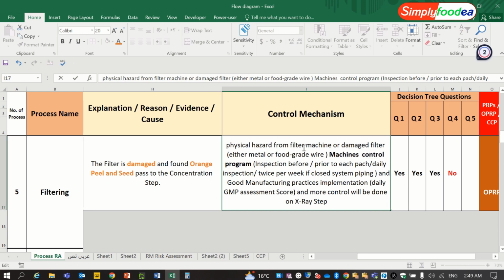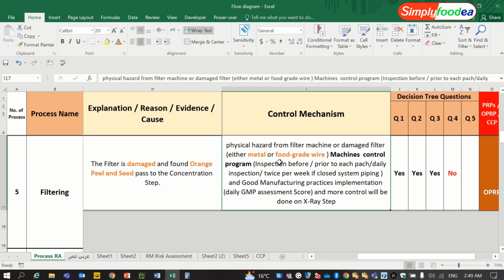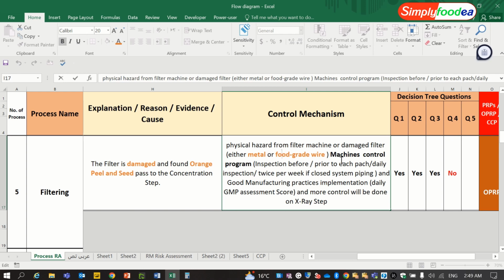So the physical hazard from the filter machine or damaged filter, either metal wire or food grade wire, because when it's food grade, yes, it's a good preventive control, but the problem is that it is still a very important physical hazard, either it's food grade or not. Okay, so the control is by the machine control program, and I must mention who will take care of this filtering machine and when, and all these parts.